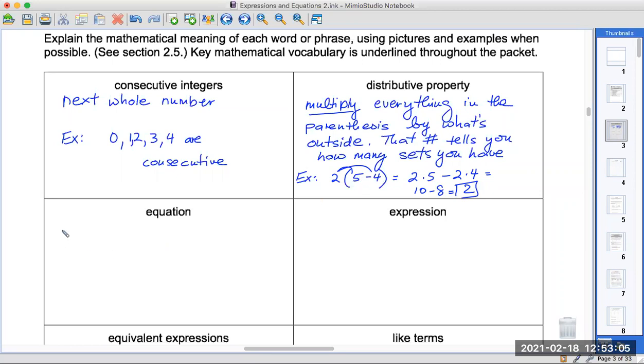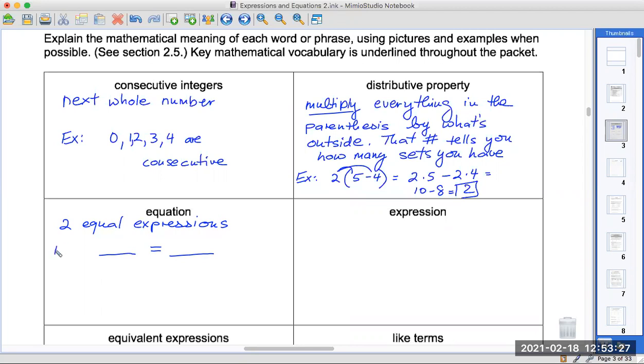An equation is 2 equal expressions. So an equation always has an equal sign in the middle and then something on the left side and something on the right side. Left side, right side has to be equal to each other.